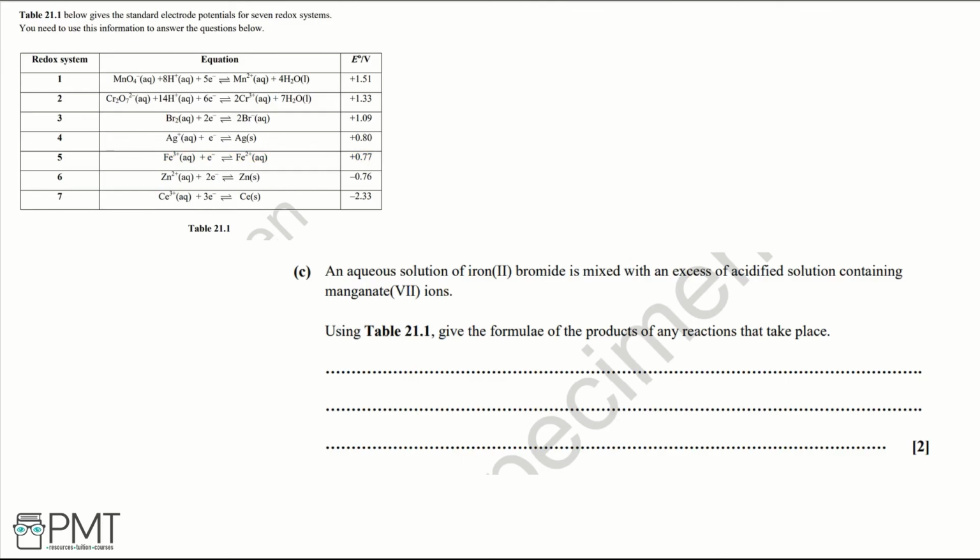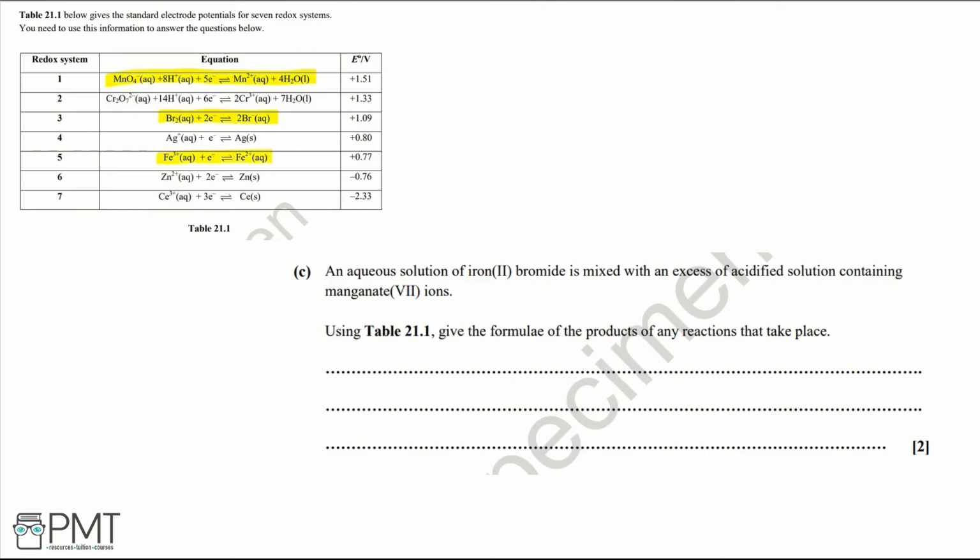Part C. An aqueous solution of iron 2 bromide is mixed with an excess of acidified solution containing manganate 7 ions. Using table 21.1, give the formula of the products of any reactions that take place. The redox systems that are involved in this question are redox system 1, redox system 3, and redox system 5.